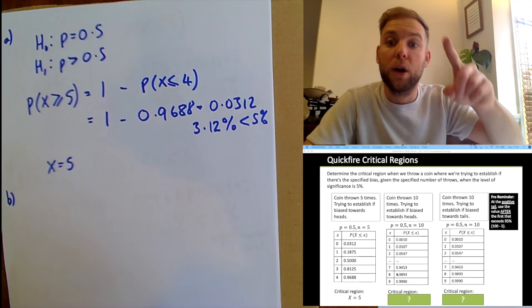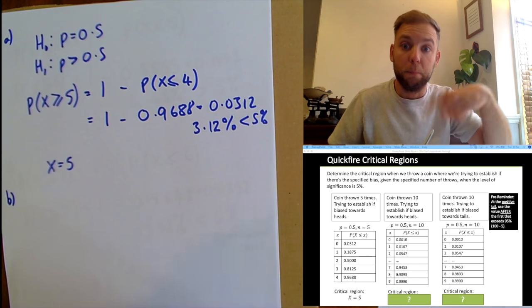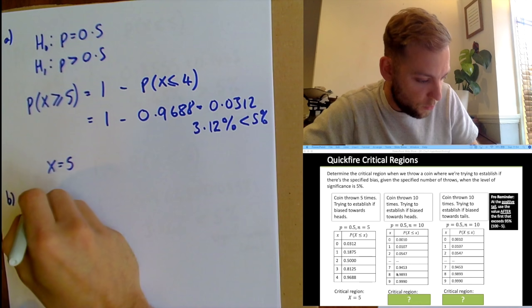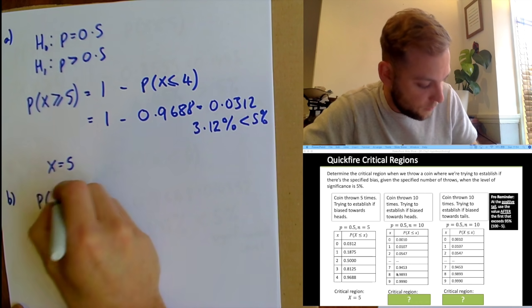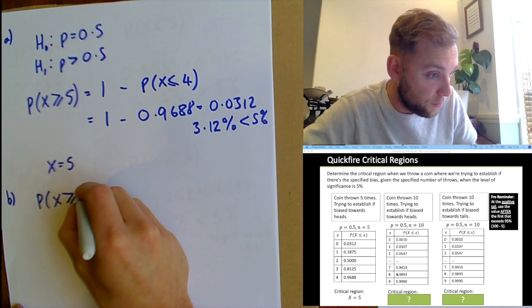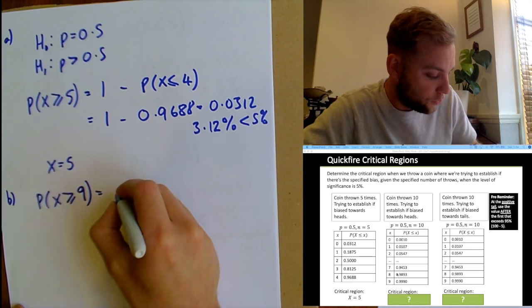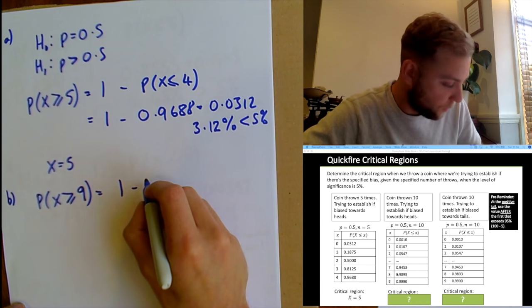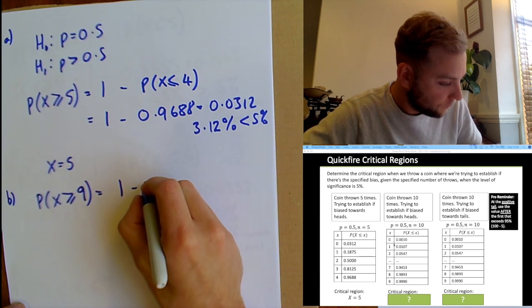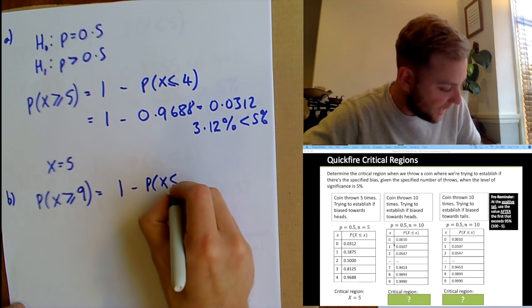So remember, it's the one above that we think about. So the probability of x being greater than or equal to 9 is equal to 1 minus the probability of x being less than or equal to 8.